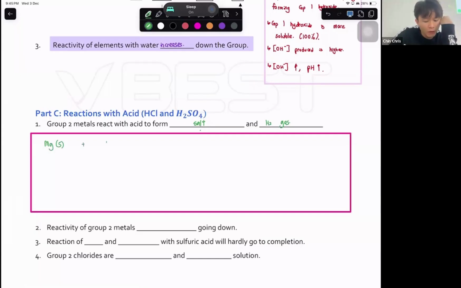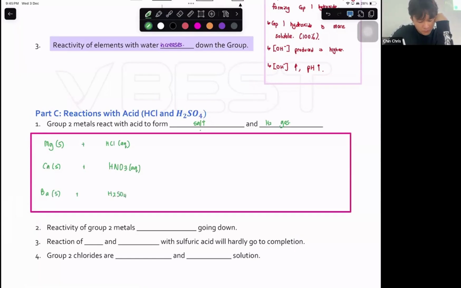I want you to balance them, alongside state symbols.